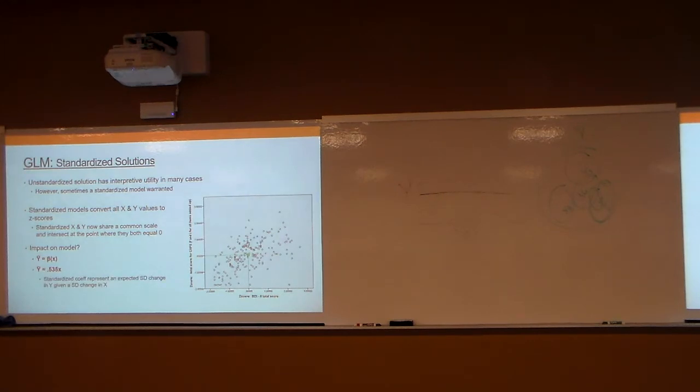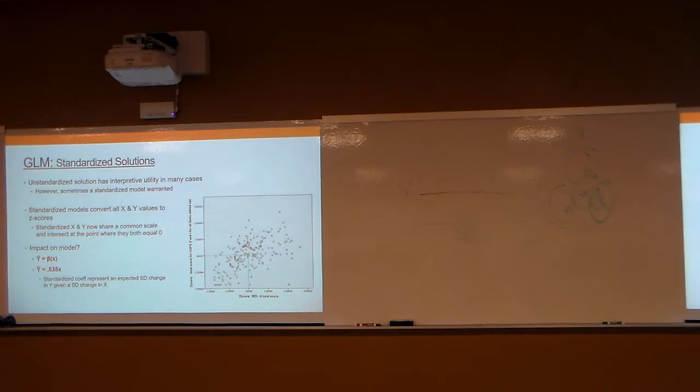But our interpretation of this coefficient changes. Before, we interpreted our coefficient as the expected unit change in y given a unit change in x. The idea doesn't change. With our standardized models, my coefficient is still an expected unit change in y given a unit change in x, except now, what are our units?